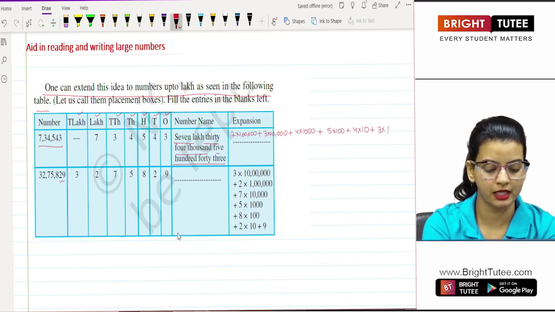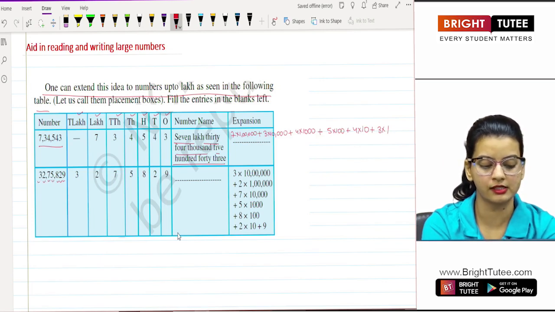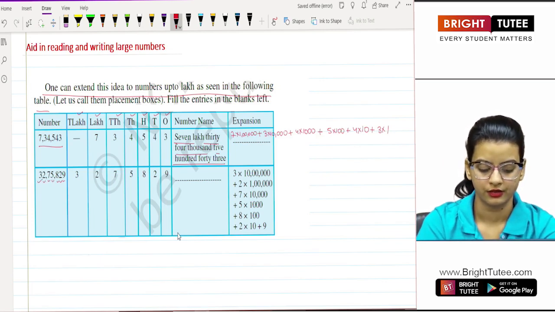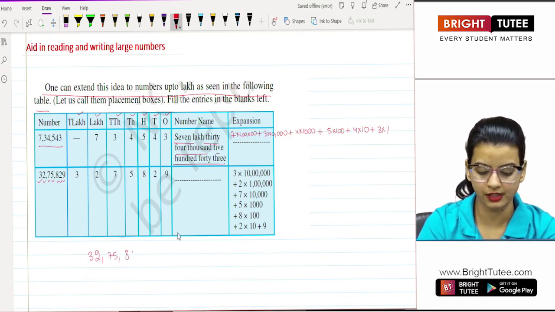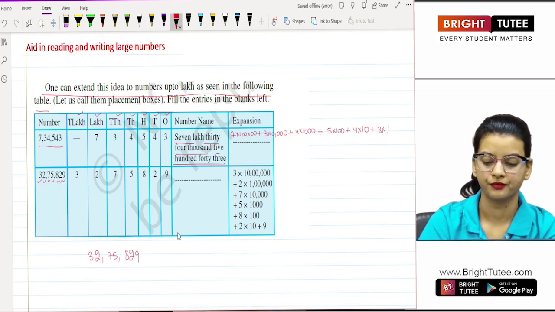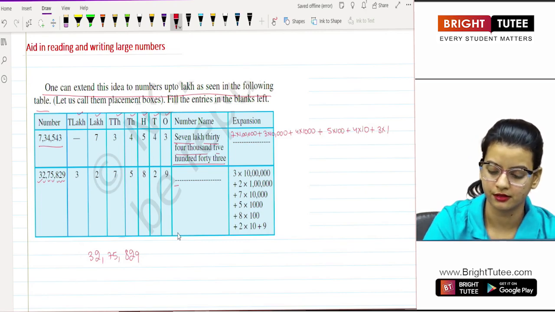Okay. Now another number. This is 1, 10, 100, 1,000, 10,000, lakh and 10 lakh. So this is 32 lakh 75,829. Okay. So what can we write this as?